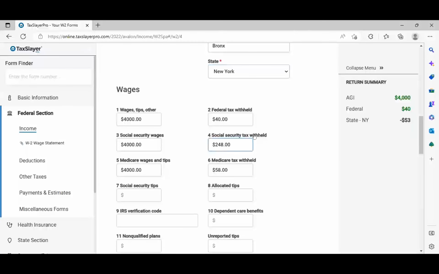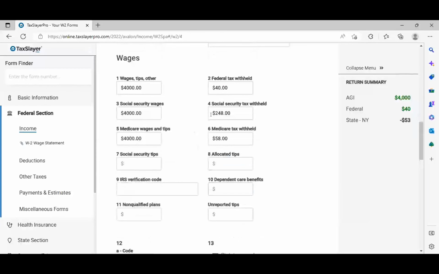So according to this, based on the person's W-2, Joe had this amount in wages, that amount in withholdings, and Social Security withheld, Medicare tax withheld. A question we get from taxpayers, and you guys probably know this: when I file a return, I'm going to get a refund, most likely, of the tax withheld. When do I get a refund of Social Security and Medicare? Well, that doesn't happen right now.